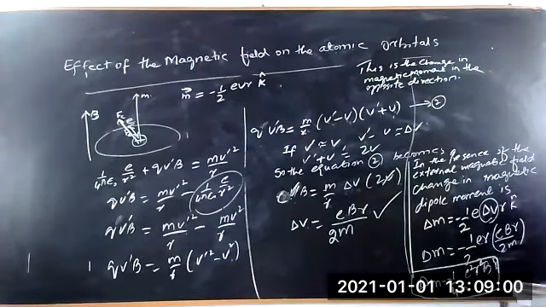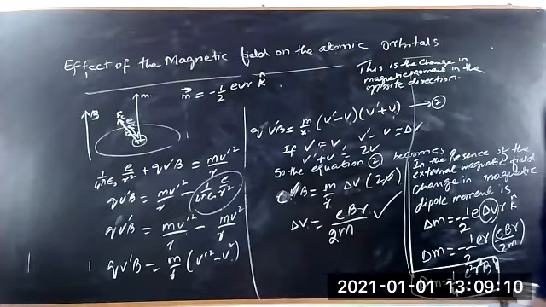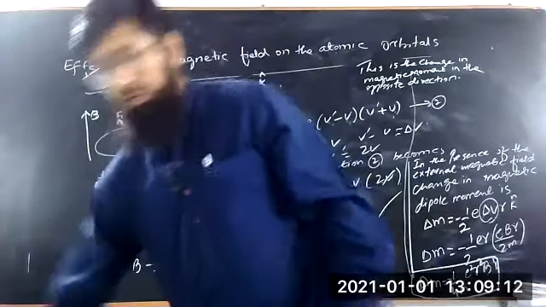So this is the effect of the magnetic field on the atomic orbitals when the electrons are orbiting around the nucleus. So this is the end of our discussion.